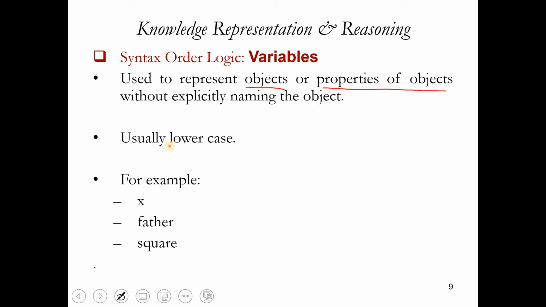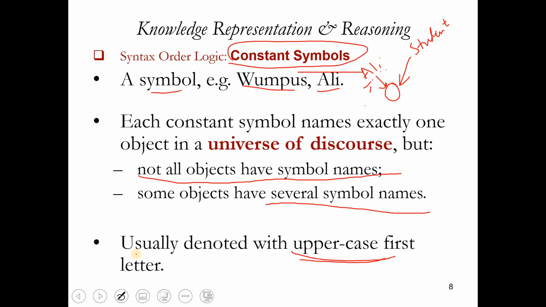Normally we keep it lowercase, all small. So for example, I can define variables x, father, square, many names can be there. Variables, remember, can change, their values can change. That's the important difference, whereas constants are fixed, they never change once you define them.